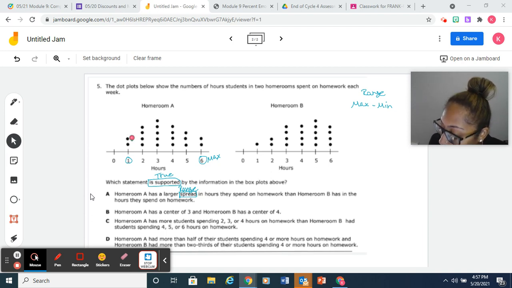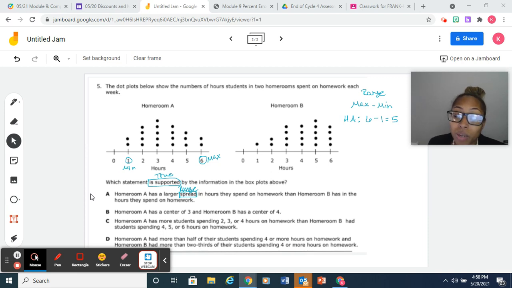So this number 1 is going to be our minimum. If we were going to calculate the spread for homeroom A, that's going to be the max value, which is 6, minus the minimum value, which is 1. That gives us a spread or a range of 5.